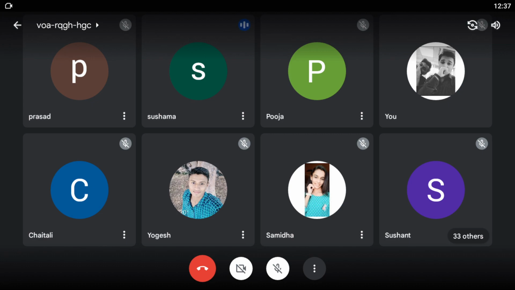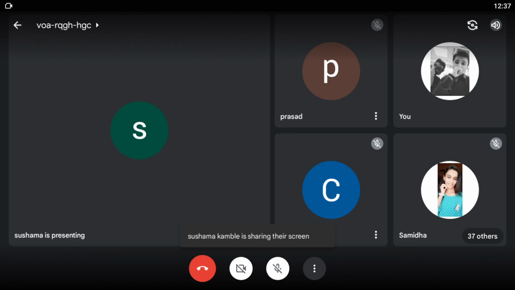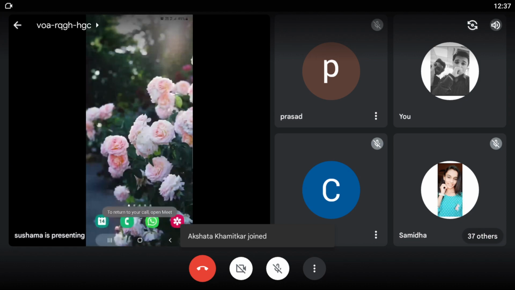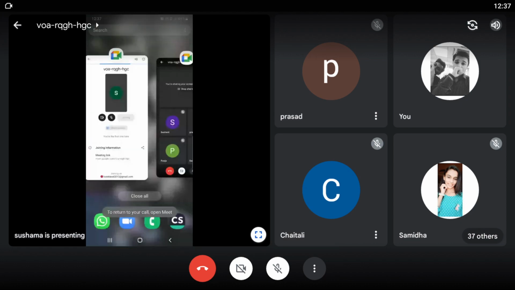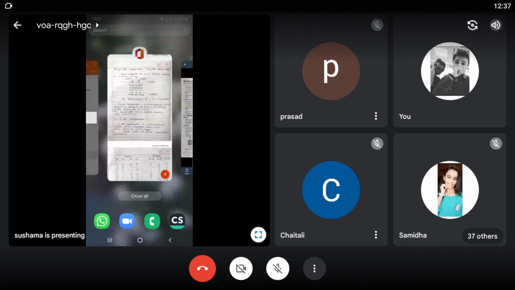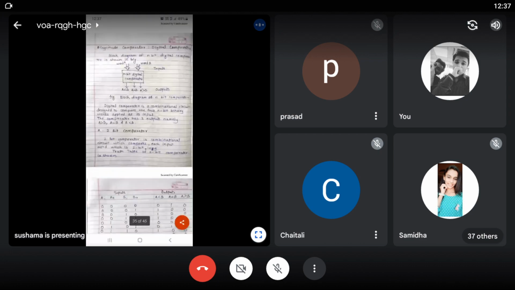Okay. I will share the screen and will discuss one point only today regarding the comparator. Can you see the screen?